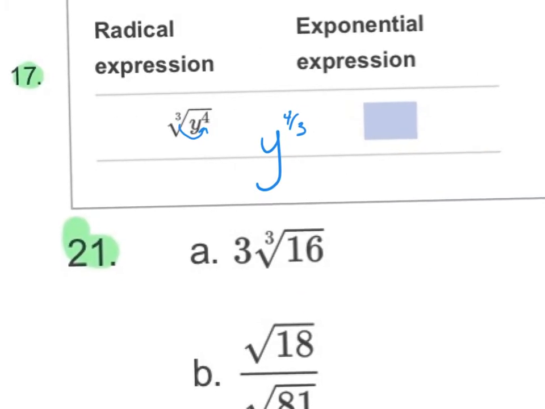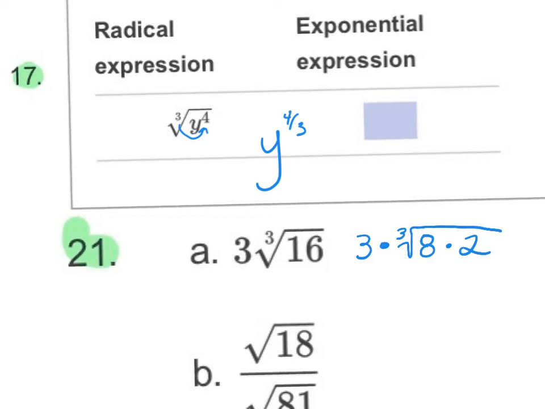All right, so in this situation, they're going to ask us to simplify as much as we can. So we're always going to have to think, how can I break this down? This is the same thing as saying 3 times the cube root of 16. 4 times 4 is 16, but that's the square root. Can I break this down into something times itself that has a cube root in it? What else times what else is 16? 8 times 2?